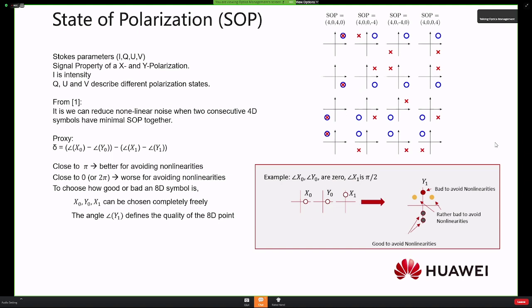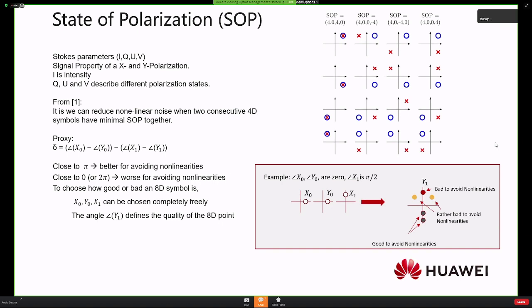There's a nice patent and some papers from Roberts that found out that you can reduce the nonlinear noise when 2 consecutive 4D symbols have minimal state of polarization when you add them together. So, what does that mean?